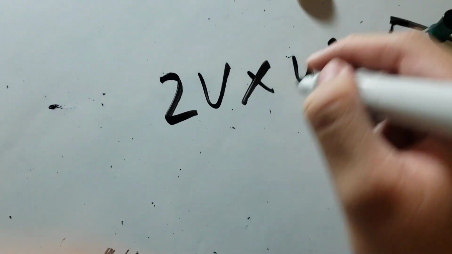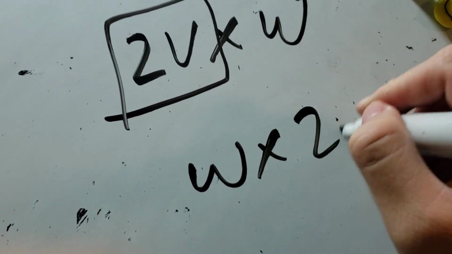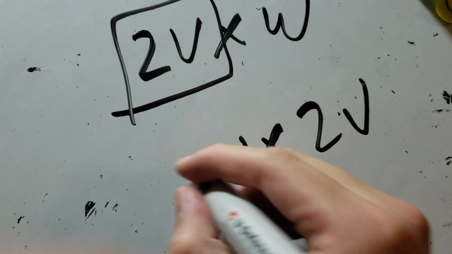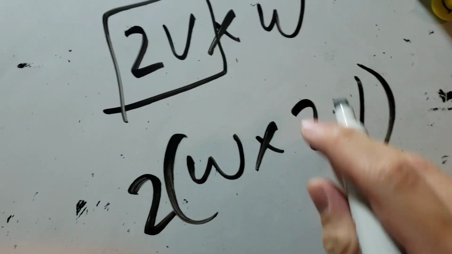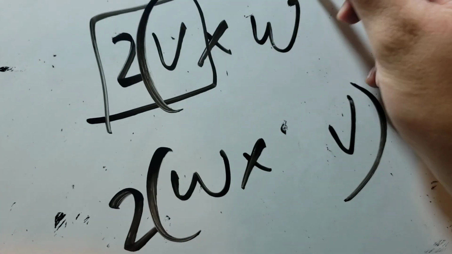Now, there are a few properties you need to know, like this one. If this is 2v alone, if I do w cross 2v, first of all, the 2 can go to the outside, like this.